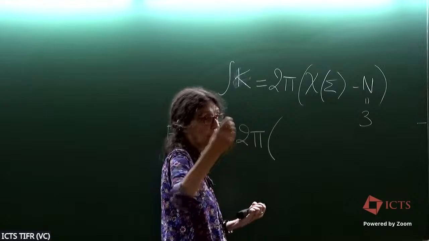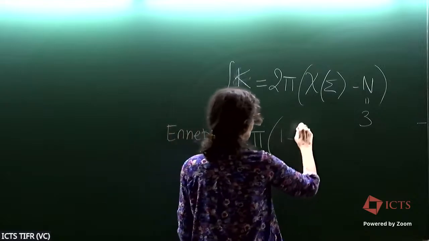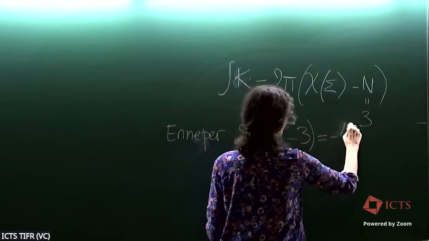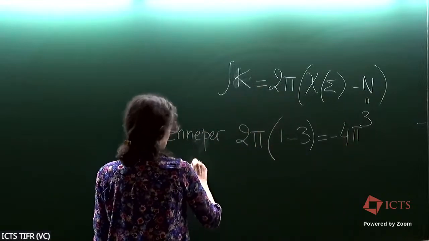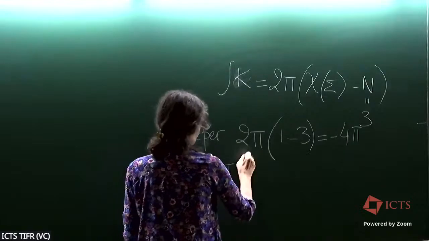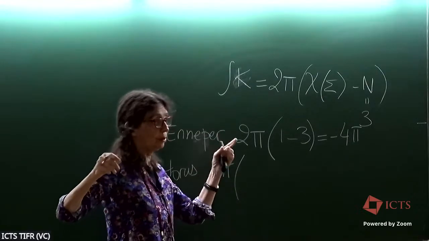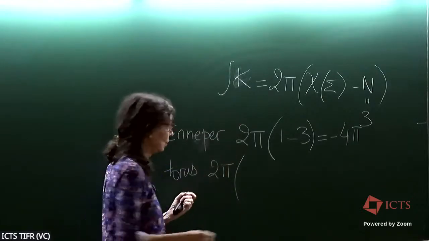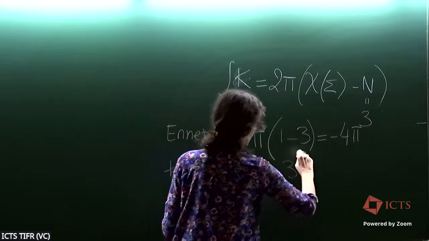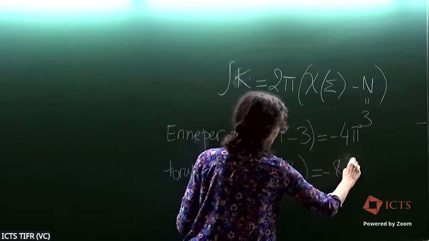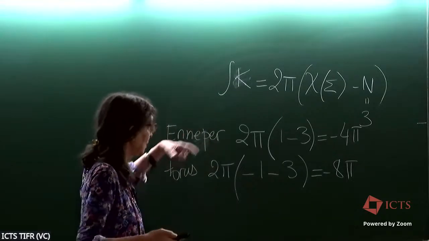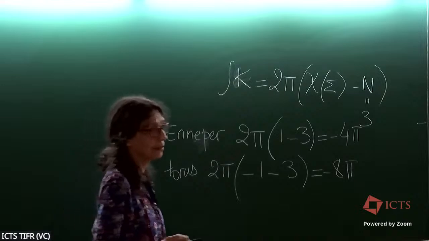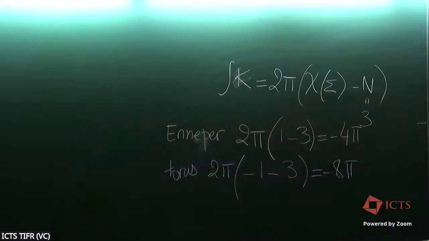So the curvature of the plane, 1 minus 3, so this is minus 4 pi. And for the torus, you have the torus, which is 0, and you remove 1 point, you get minus 1. And that gives you minus 8 pi. Thank you for asking, because I wondered if I should do exercises about the formulas.